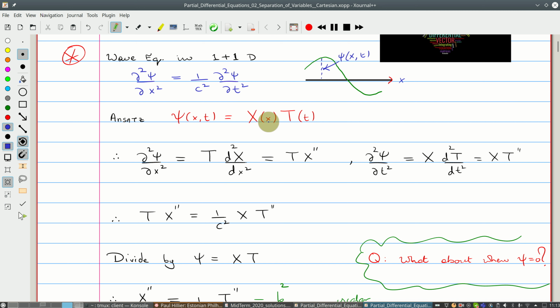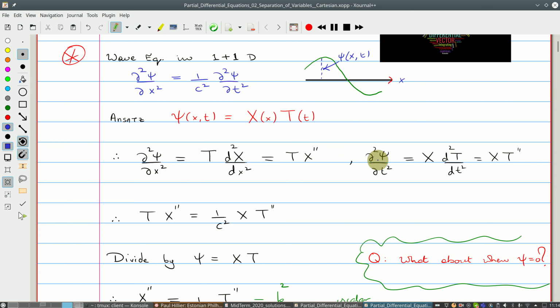There is no t dependence in there, and this is important because when we solve our differential equations, we want our constants to be scalars, not functions of t. We can write this as capital T times X double prime. I find the prime notation quite useful when doing separation of variables rather than using d by dx, which is quite cumbersome.